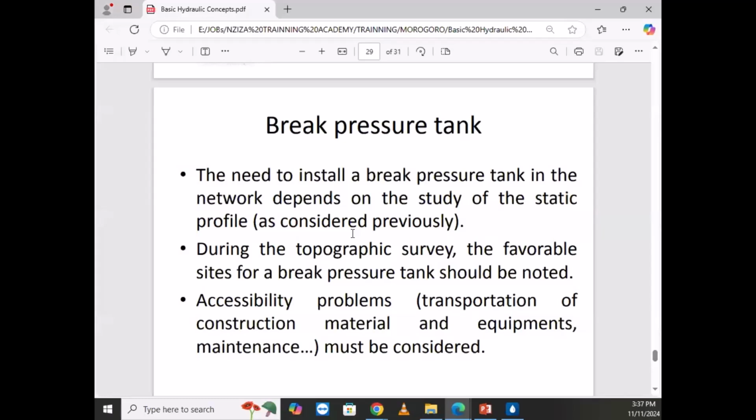So it's better also to analyze your network, and see if I put a break pressure here, what scenario will come at the other side. The water will continue to reach here. Instead of putting a break pressure here, what if I put it here? If I want to reduce the pressure here, you just try to analyze them in your model.